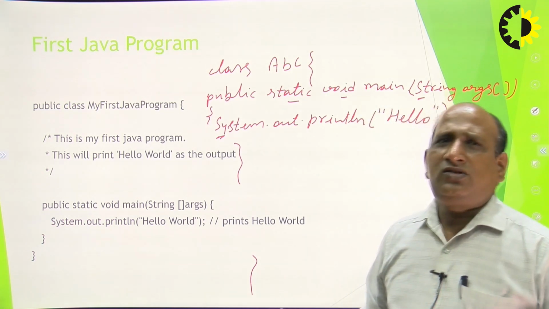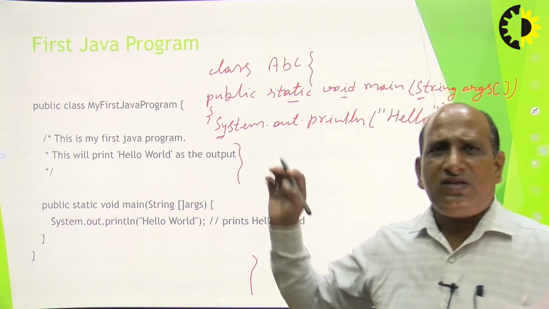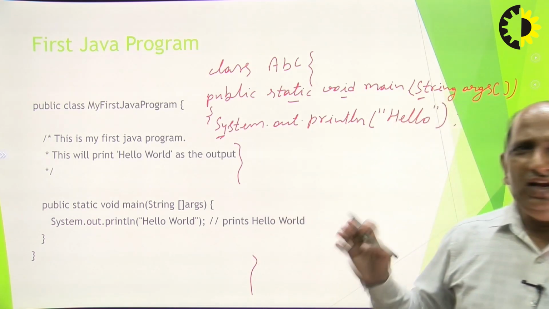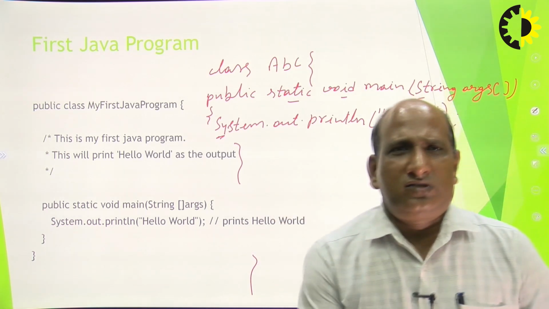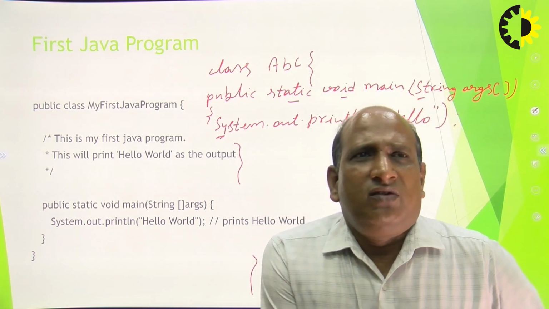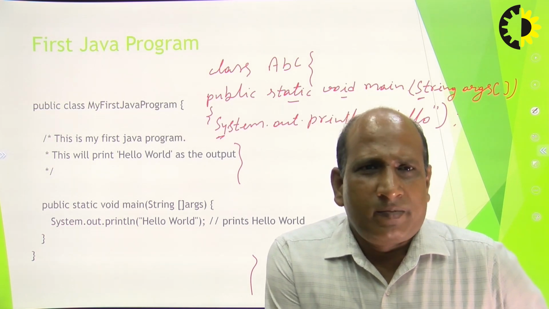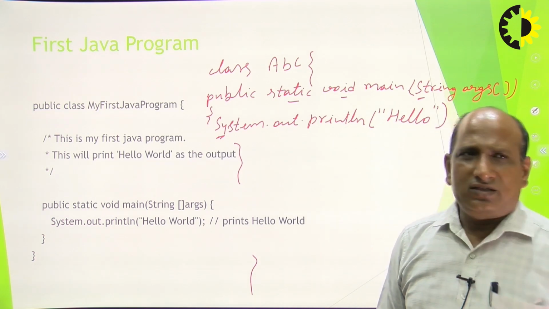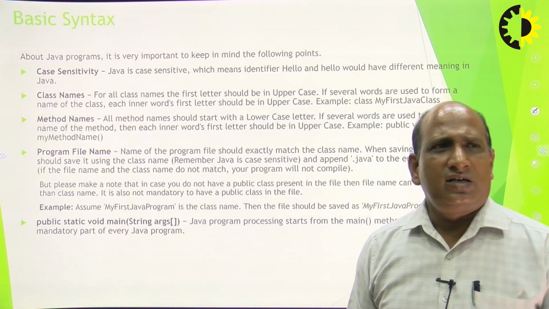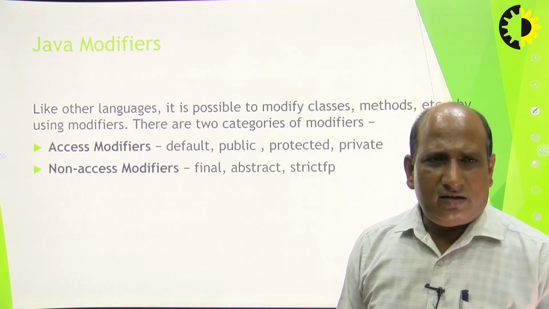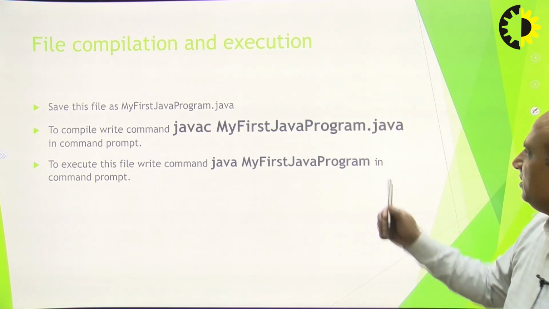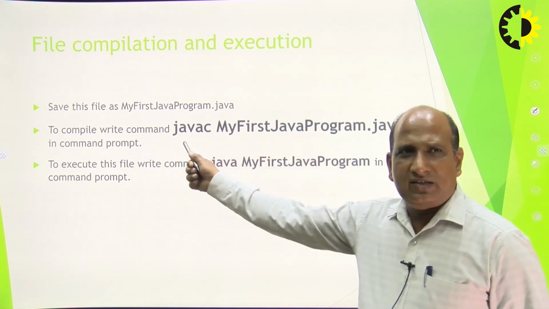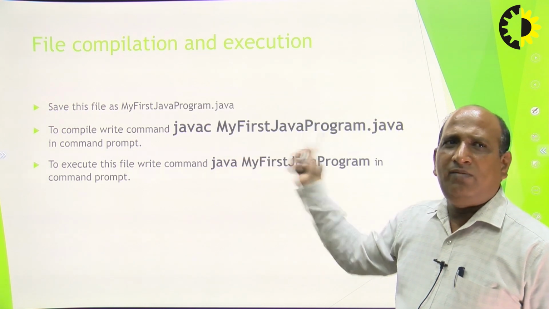Let us understand what will happen. If we save this file as abc.java, then to compile and execute it, go to the command prompt, write javac for compilation and then the file name.java.